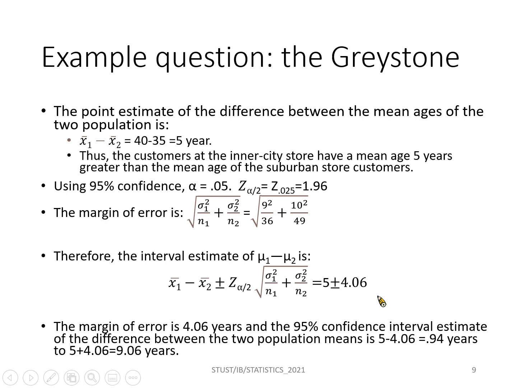So here you can say you have 95% confidence that the difference between the two population means may be in the range between 0.94 years and 9.06 years. So that's the point estimate and the margin of error to express the interval estimation for you.